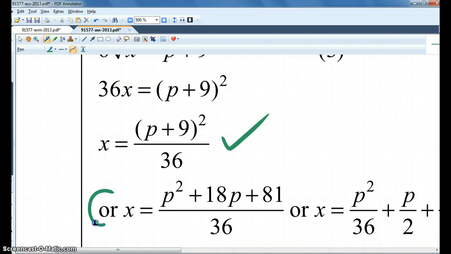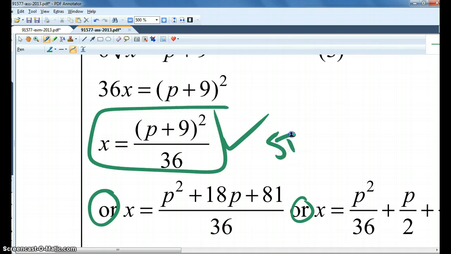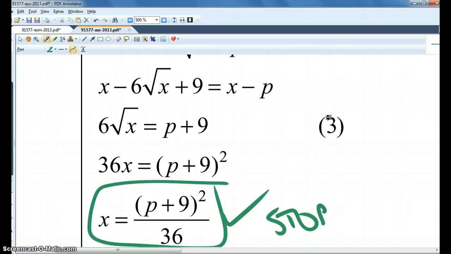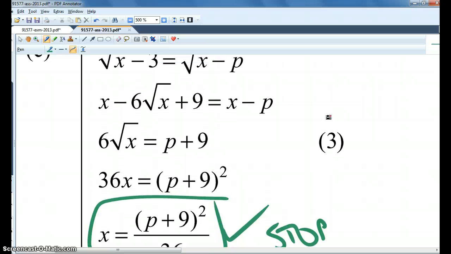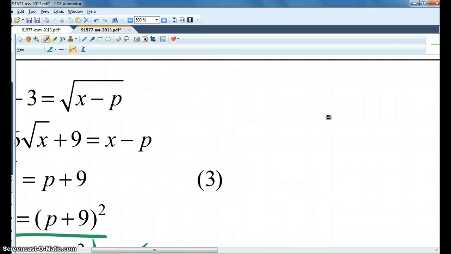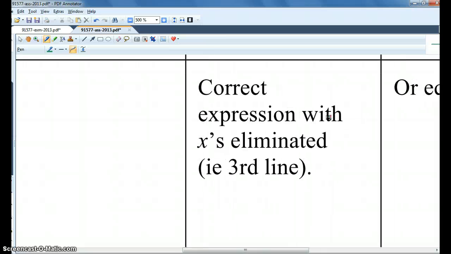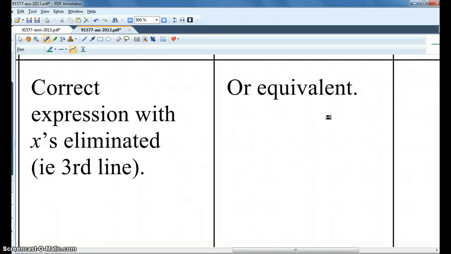Yes, now that's an or. It's not an and, it's an or. It means that you can stop there and you've got full credit, that's fine. So, yeah, I think all of that was quite fine. And what's the correct expression with the x eliminated on the third line, or equivalent?